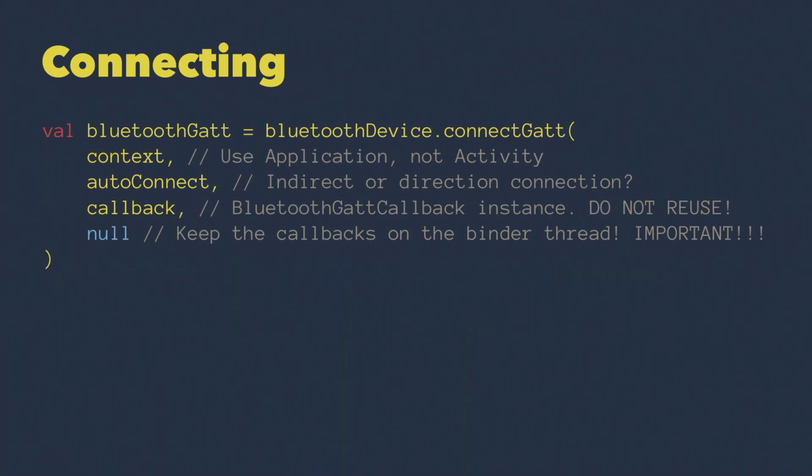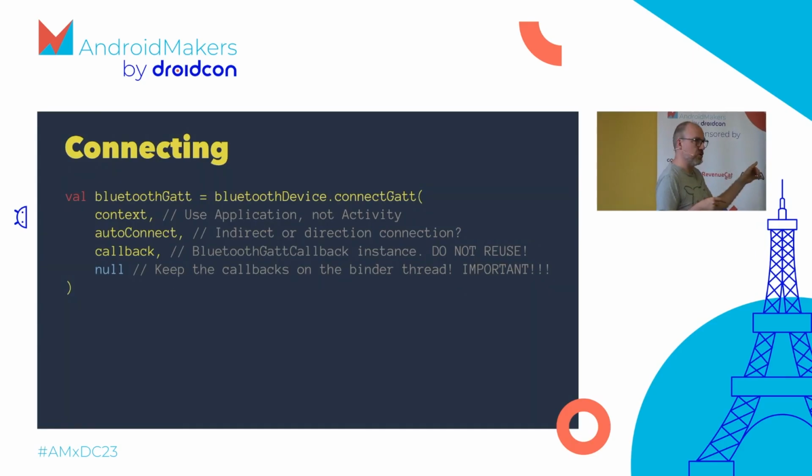If it's set to false, it means that you make a single connection attempt to the peripheral from the phone. So false is faster, but means it will only try once. If you set it to true, it will wait until the peripheral connects. Okay?